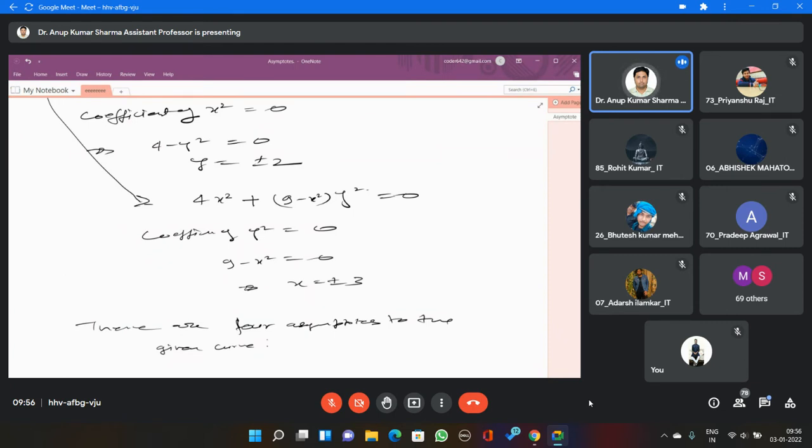If they only ask for y, then parallel to the y-axis in that manner. Such questions may come in your MCQ. A student was asking why we are not clubbing something; yes, fine, we can go for it.